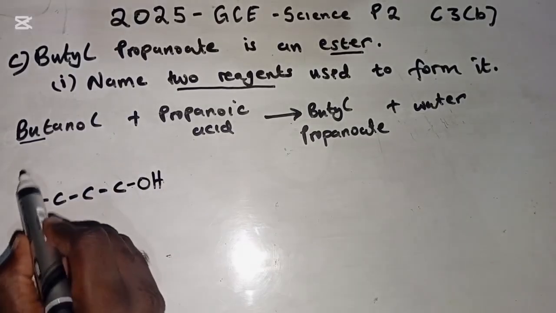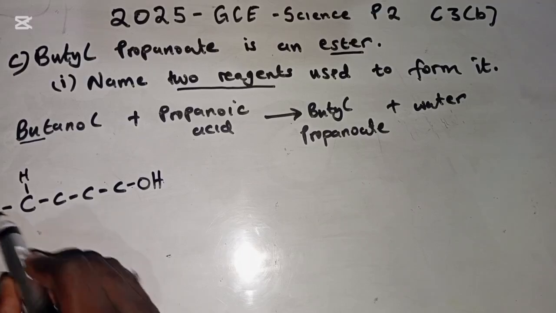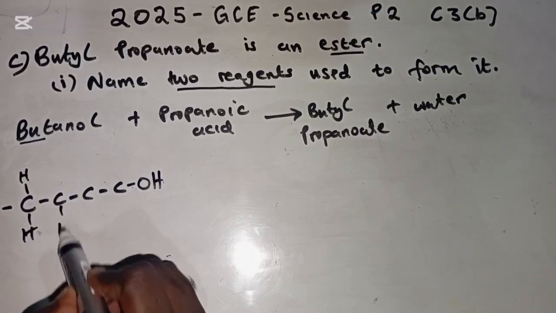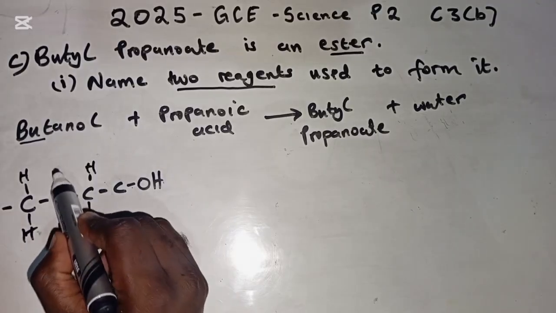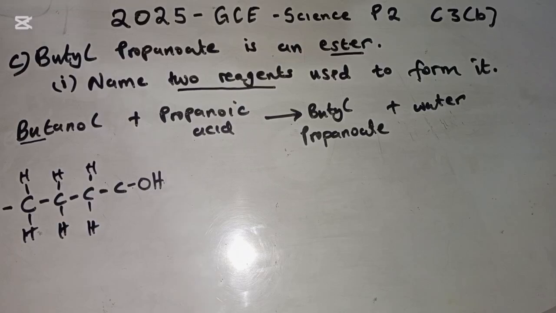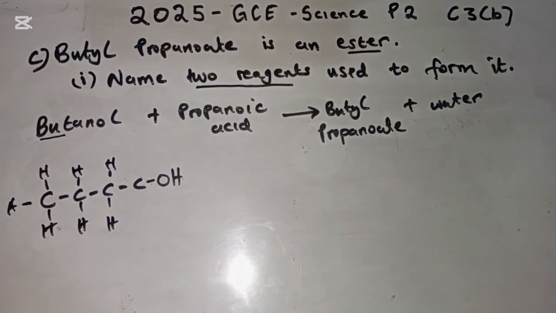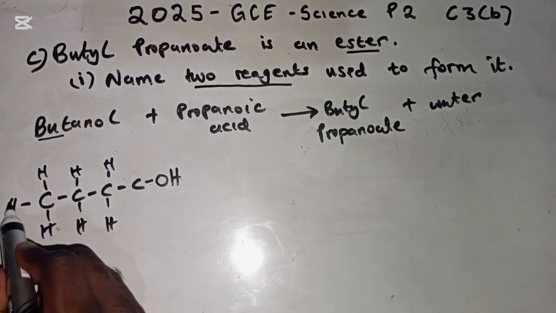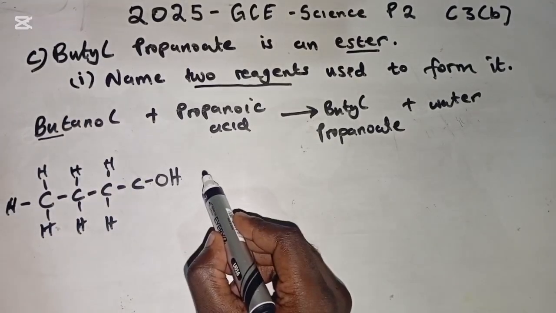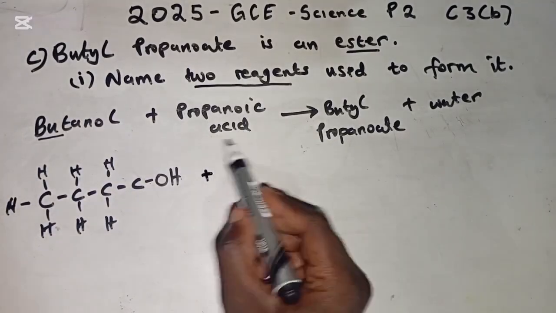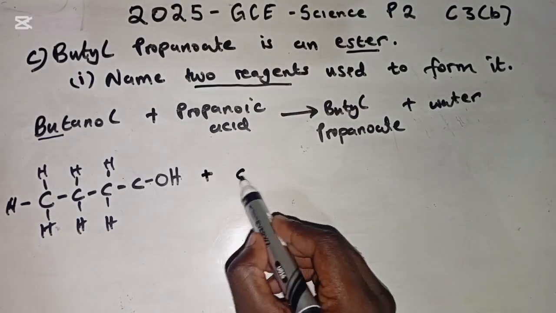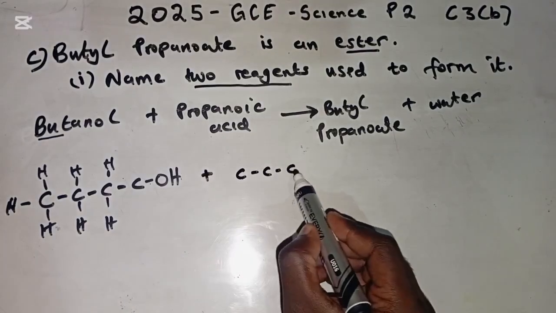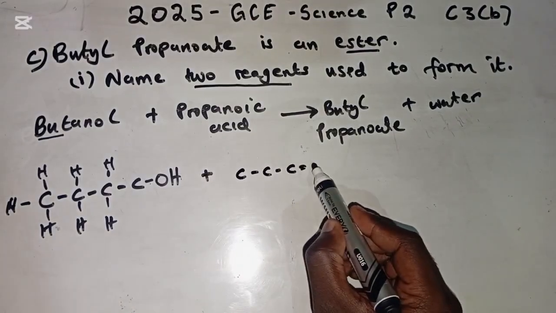So this is the structure for butanol. Nice and easy. Sometimes you can use the molecular formula, but I just like to make things easier. Then plus, what is this now? This is an acid, prop meaning 3.